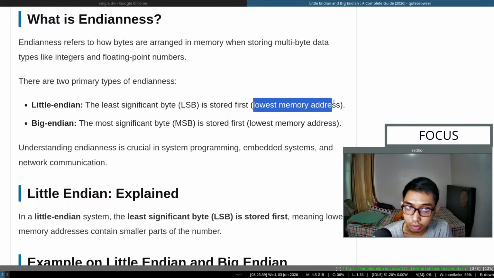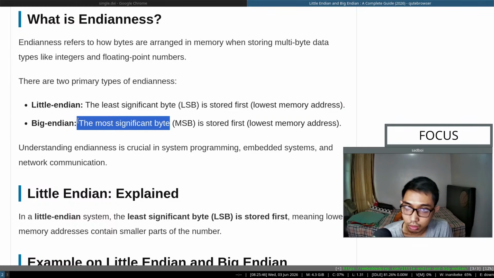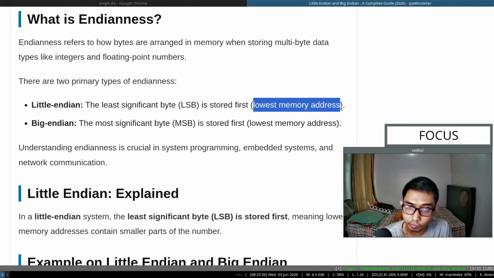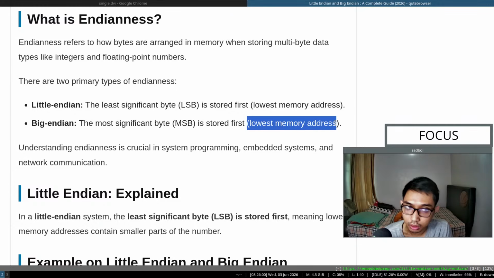The lowest memory address. Okay. Is this like ascending and descending kind of stuff? Lowest memory address.